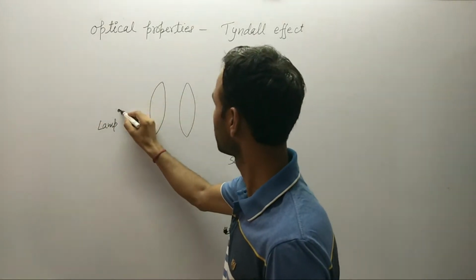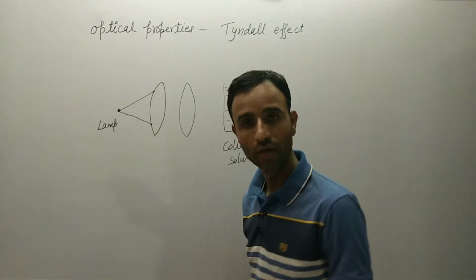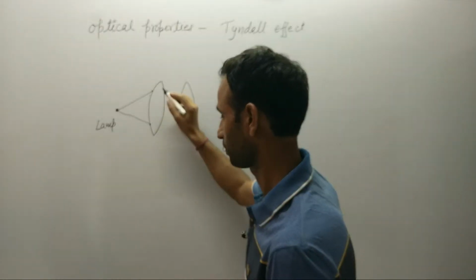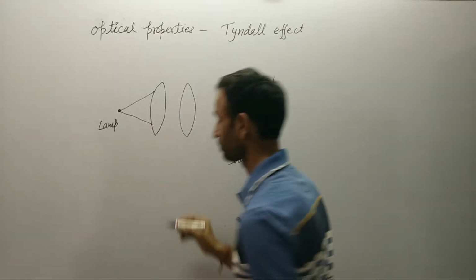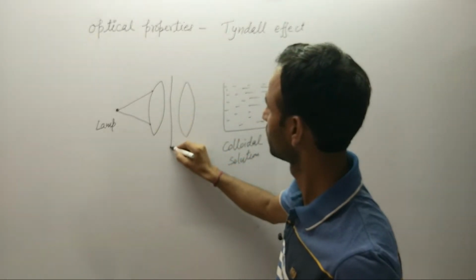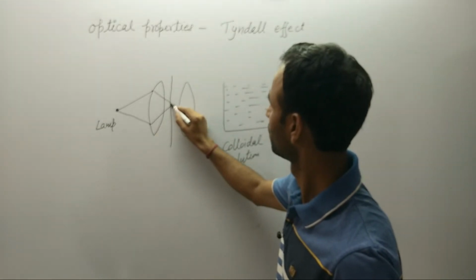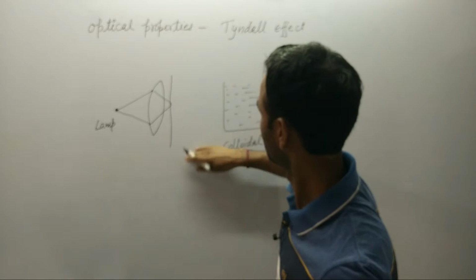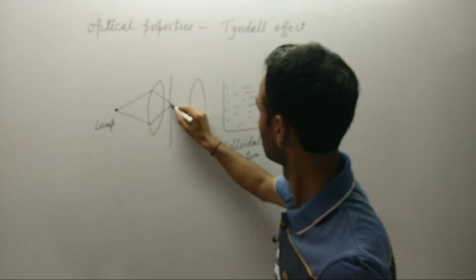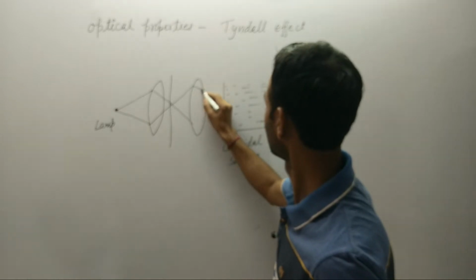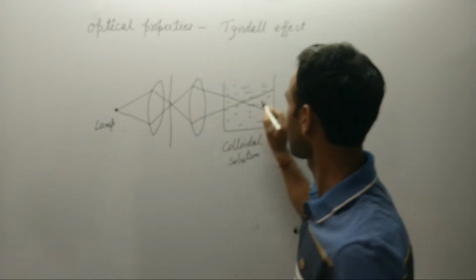Now when this light passes through it, there is a slit, and then light is passed through it.